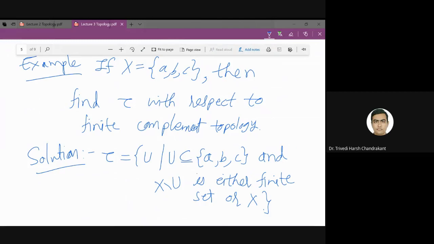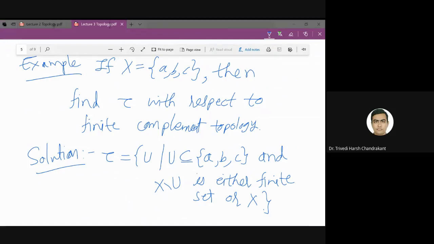So first thing is, if X is a finite set and I take a subset of X, can the complement of that set be infinite? No, it cannot be infinite, because we are taking the actual space as a finite set. That means the complement will also be a finite set.